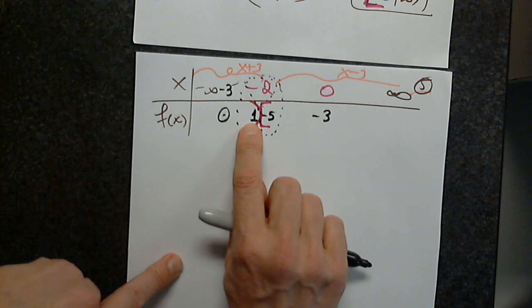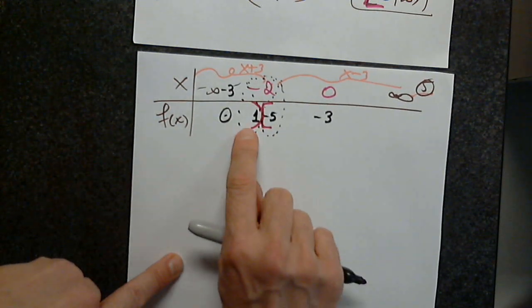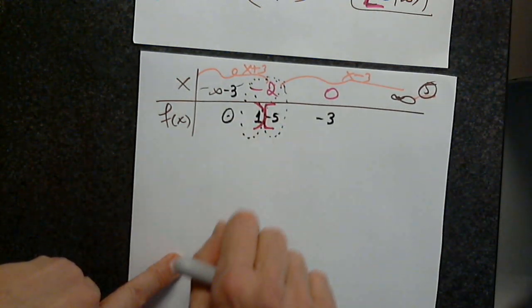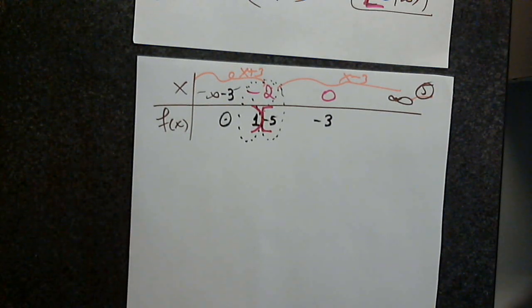Now, what if I get 1 here and 1 here? Not 1 and -5, but let's say -5 and -5, or if the two numbers are the same, or 1 and 1. What will happen there? On one side, I have an open point, but then I have to come in and fill it in. It's not going to be a gap or a jump, I should say, but one ends at 1, and the other one comes in at 1.